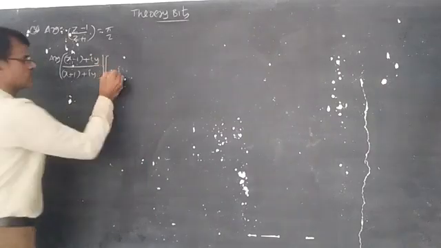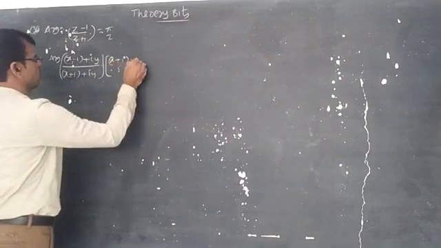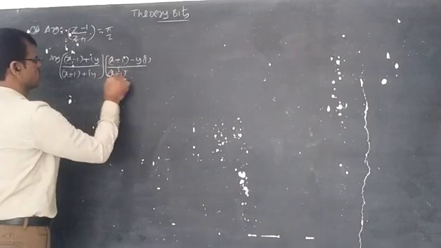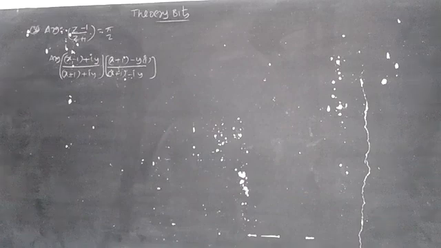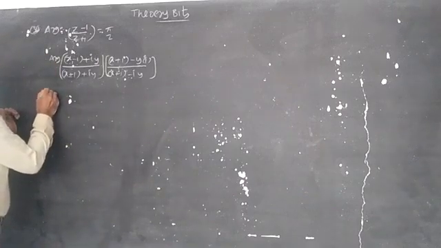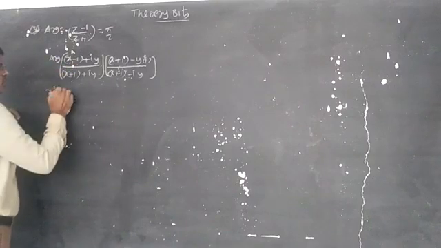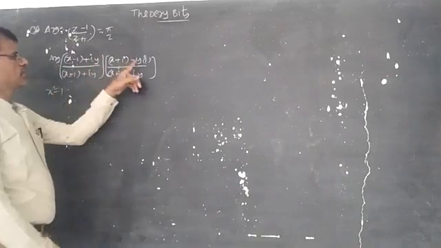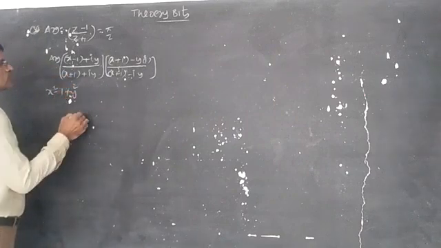Taking rationalization, multiply by x plus 1 minus iy over x plus 1 minus iy. Multiplying, the real part becomes x square minus 1, and iy into minus iy becomes minus i square, so it is simply plus y square.